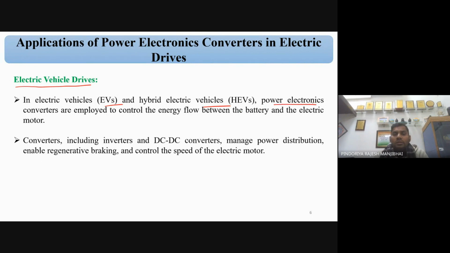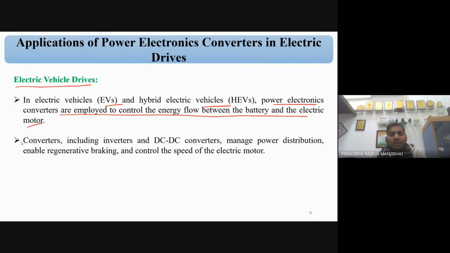Power electronics converters are employed to control the energy flow between the battery and the electric motors. Whenever we say electric vehicles, it means we have to control the power flow between the battery and the motor. Whenever we say power flow control, it means we have to use the power electronics converter.